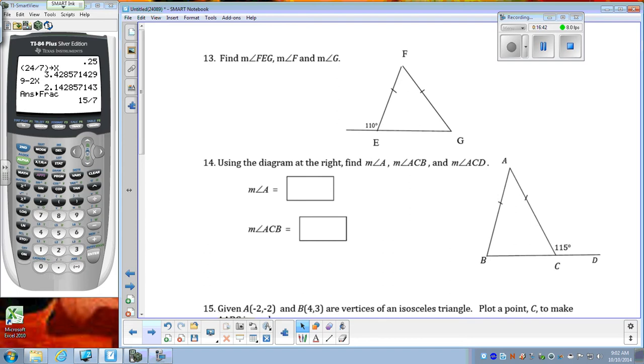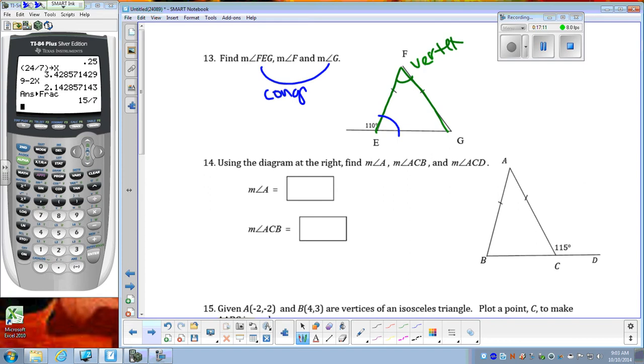Number 13. I'm looking for angle EFG, so this green angle, which would be my vertex angle, because EF is congruent to FG. Sorry, that's FEG. I need to find this angle, and then I need to find angle G. But I know that these two are going to be congruent, because they're my base angles.